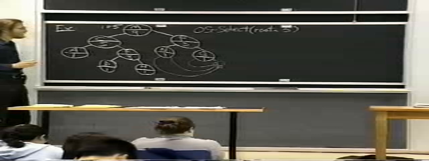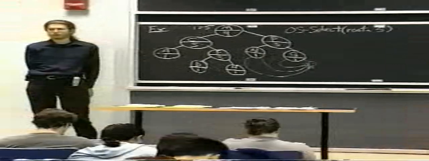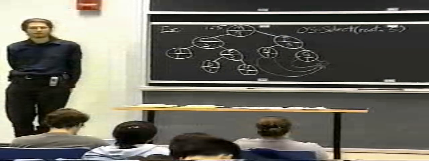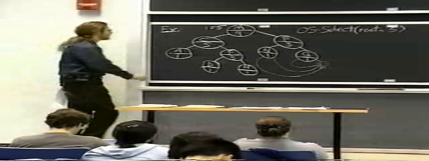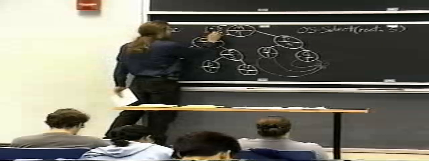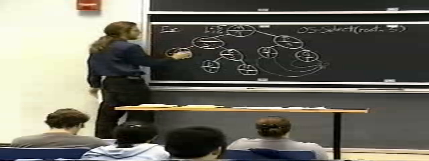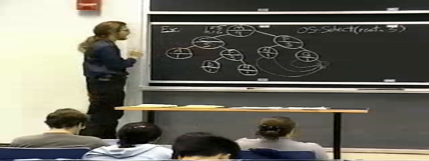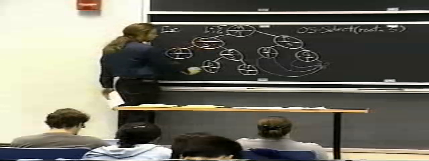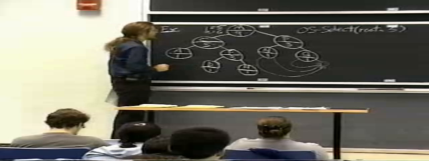Okay, so what's k for the root? 6, right? k is 1 more than the size of the left subtree. Okay, this is a fast algorithm. I don't have to go through and count the number of nodes down here. I've got it stored right here. Okay, so which way do I go?